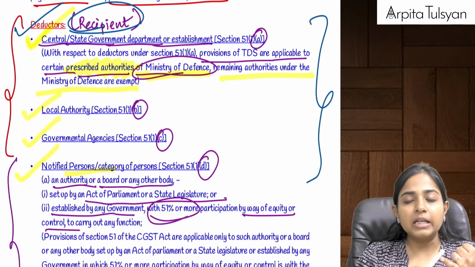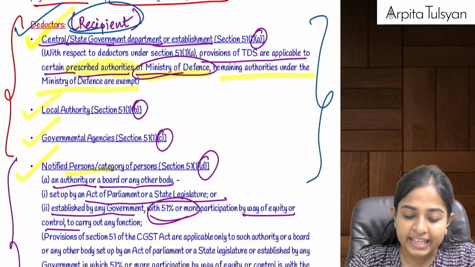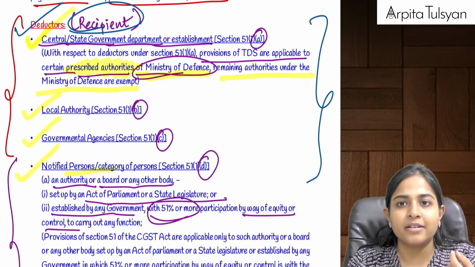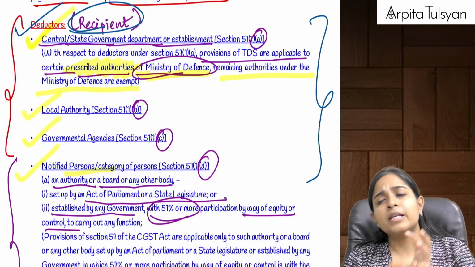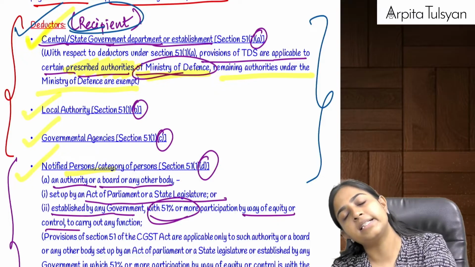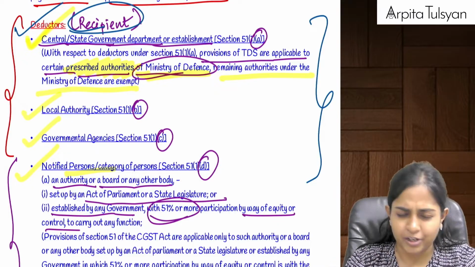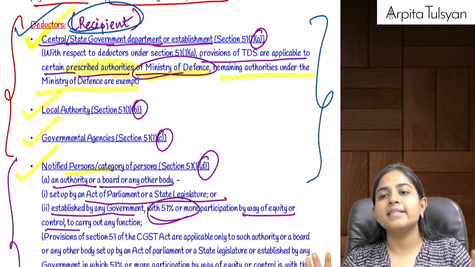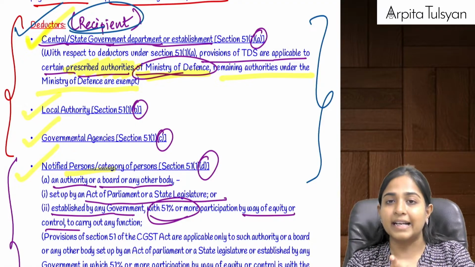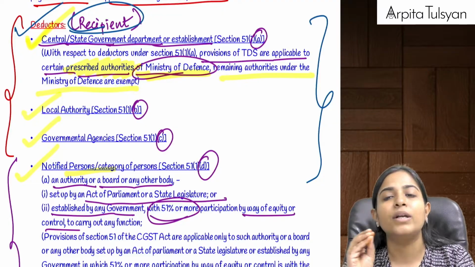It can be a central government or a state government department or establishment. In that, one of the ministries is Ministry of Defense also. Some authorities under Ministry of Defense are coming under TDS purview, and some authorities under Ministry of Defense are not coming under that particular purview. Anyway, otherwise, all central government departments and establishments, local authorities, government agencies, and some notified persons.